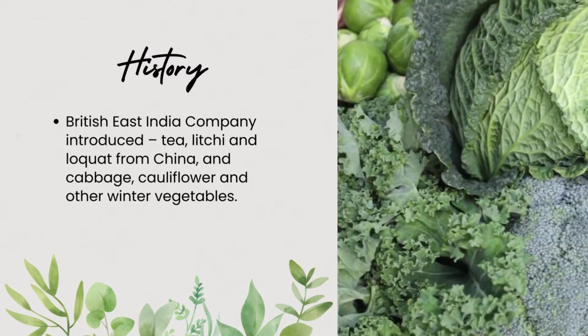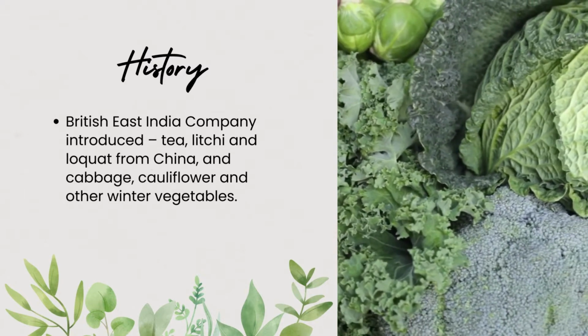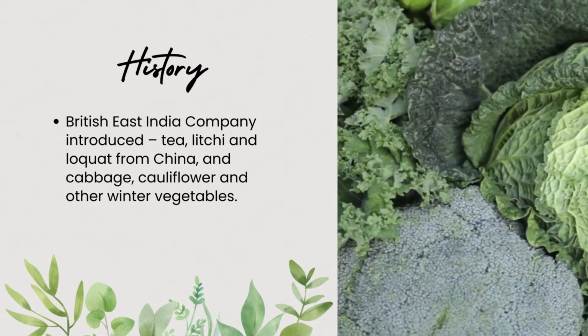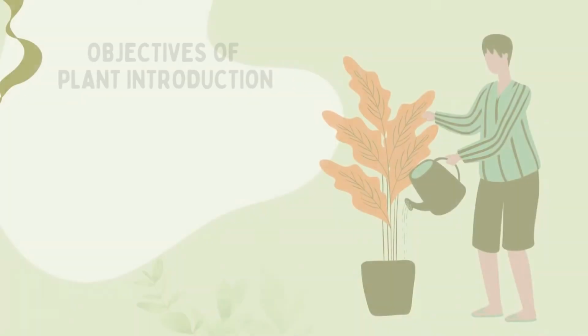The British East India Company introduced tea, lychee, and loquat from China, and cabbage, cauliflower, and other winter vegetables. Classical examples: 1. Introduction of sunflower to USSR from Central Mexico, USA. 2. Chinese soybean to North America. 3. Ethiopian coffee to Central and South America.